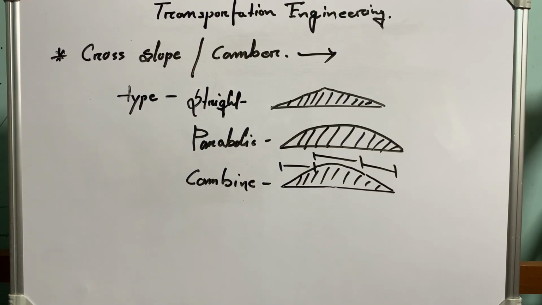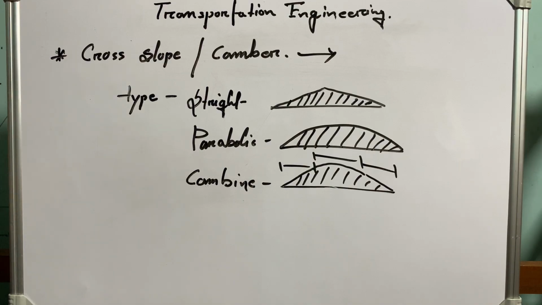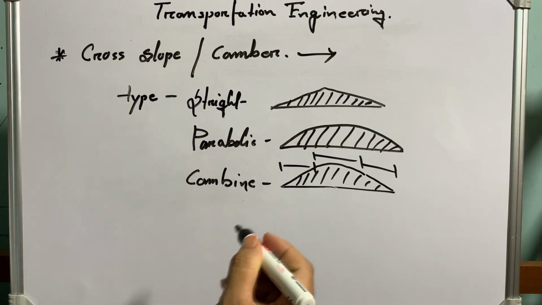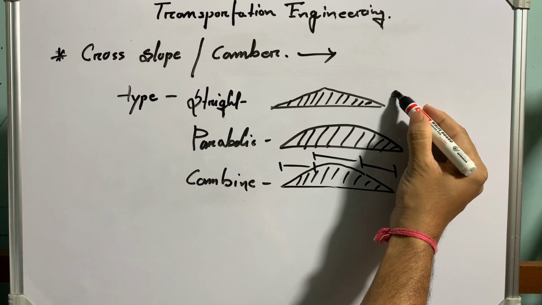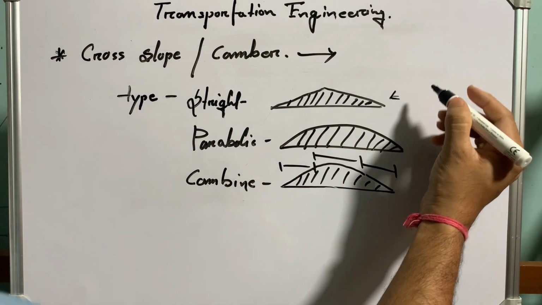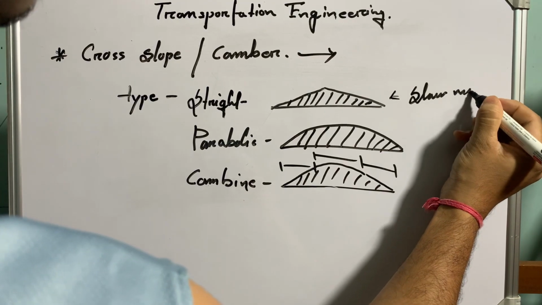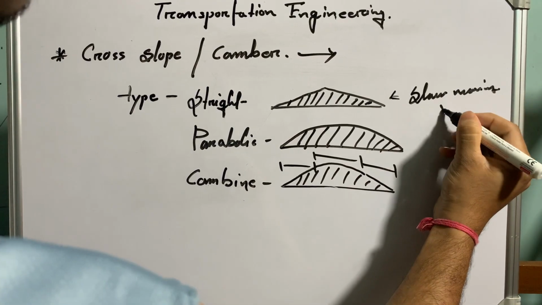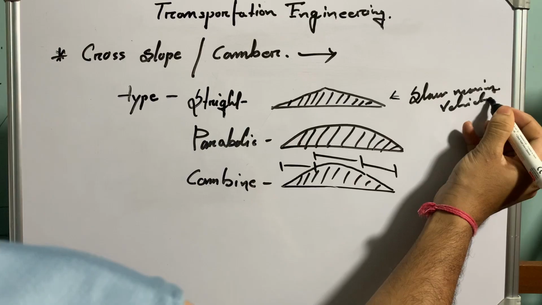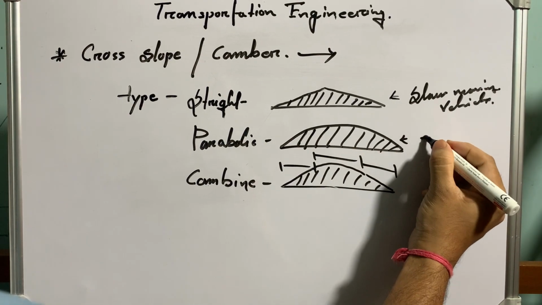So there are three types of camber in the cross-sectional element of pavement. Let's start with the straight one. The straight one is generally for slow moving vehicles, because the center part is edged, the center part is sharp.